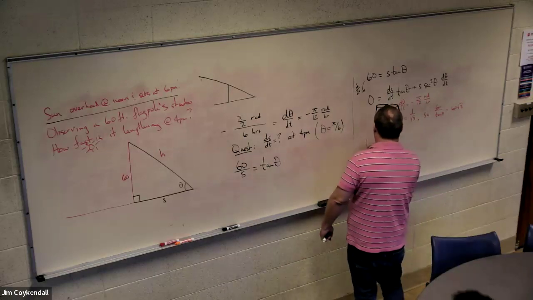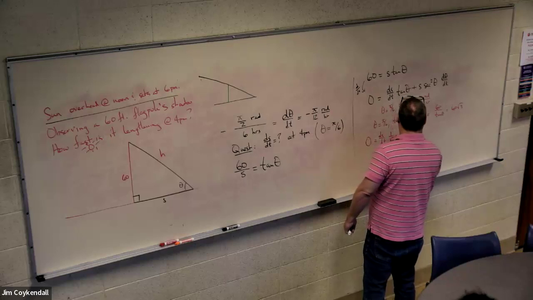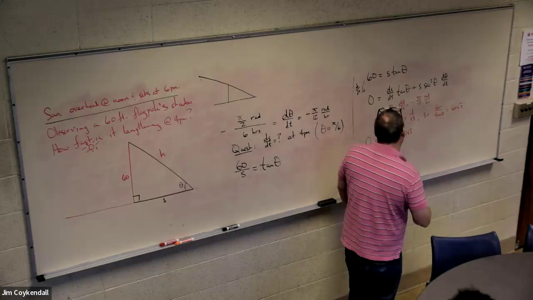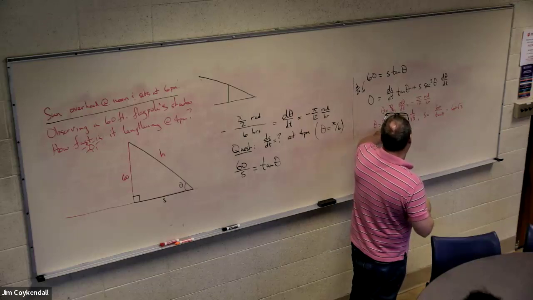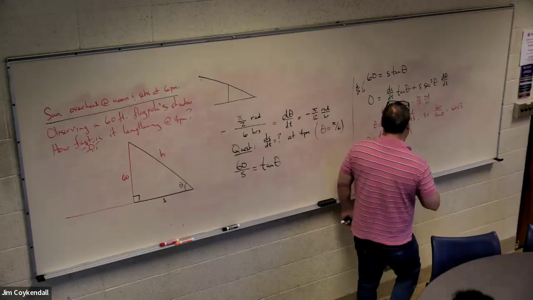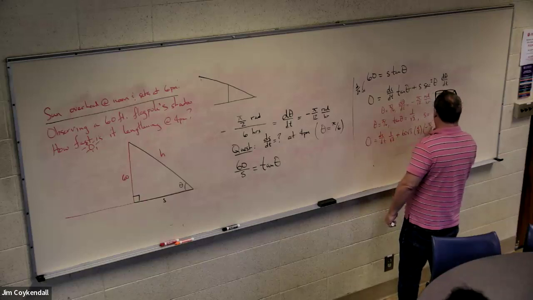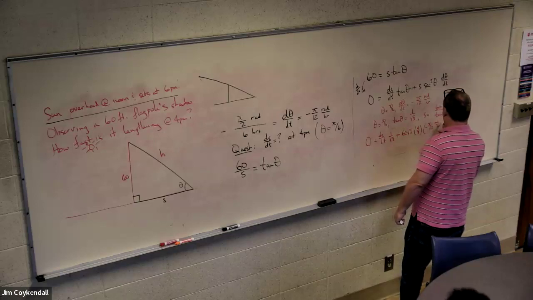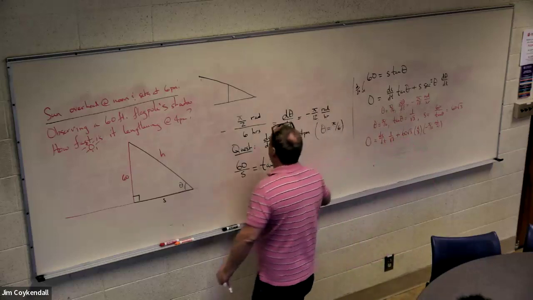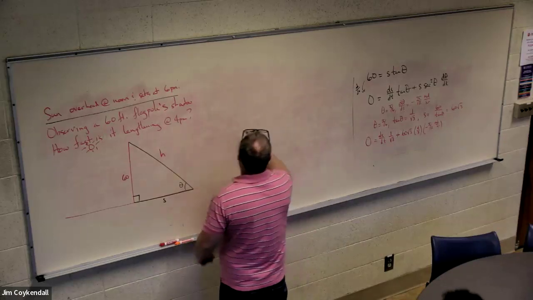So let's see what ds/dt is. Tangent theta is 1 over root 3, S is 60 root 3, and secant squared of theta, well, cosine of theta is root 3 over 2, so cosine squared is 3/4.